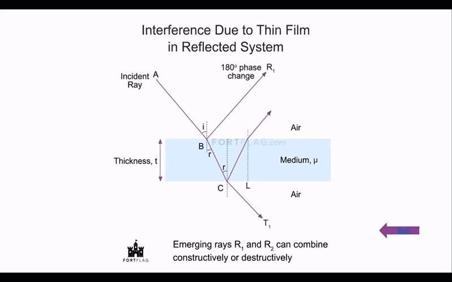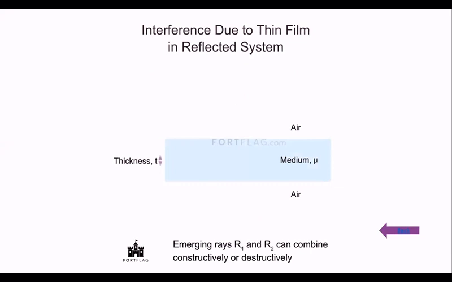The reflected light R1 is 180 degrees out of phase with the incident ray AB. At point C, the light is again getting transmitted out and getting reflected back into the medium, and that is coming out as ray R2.